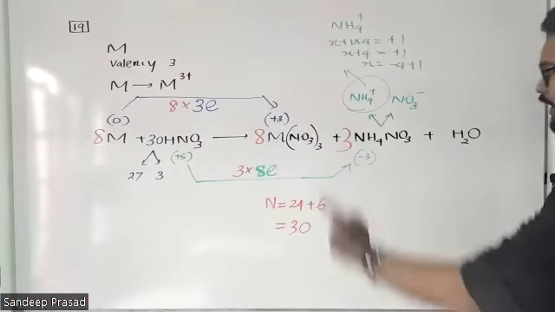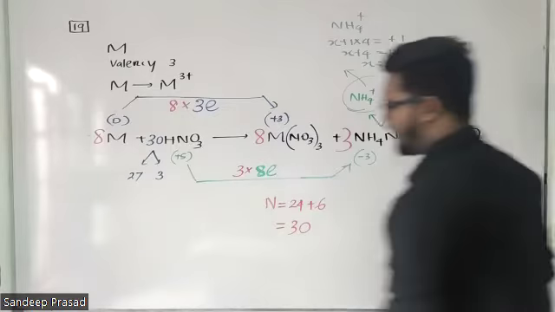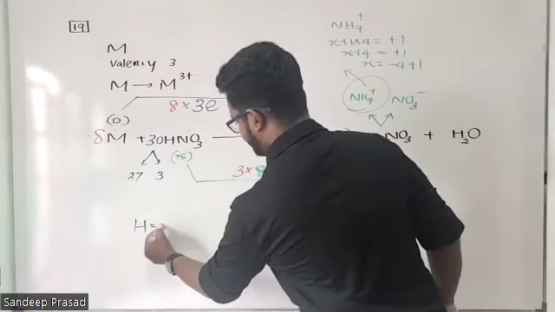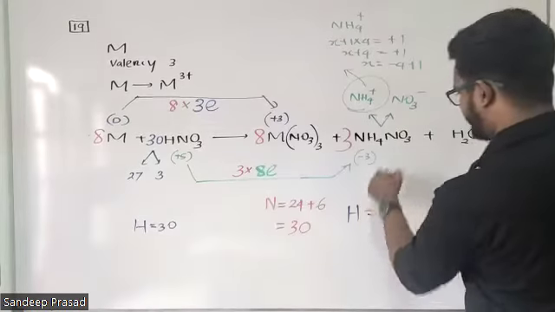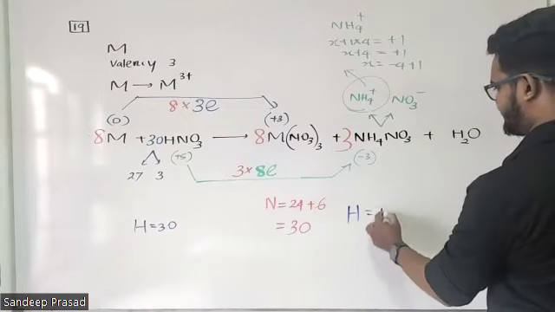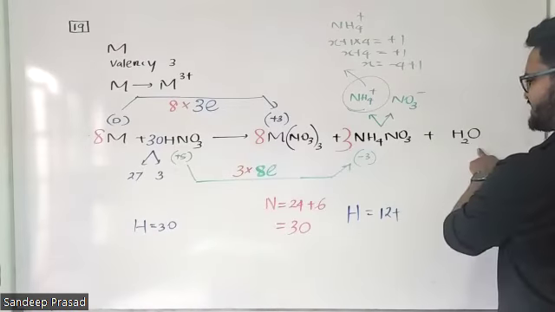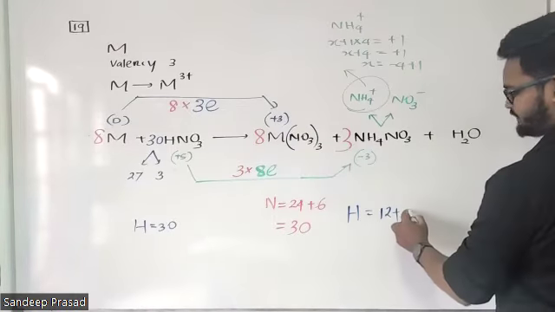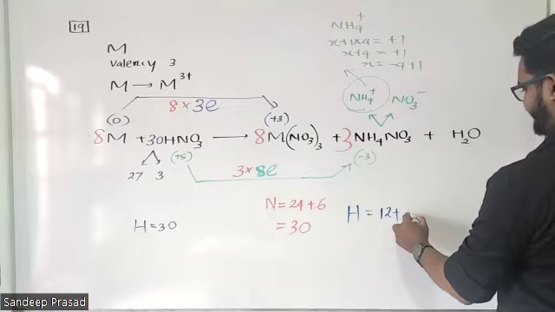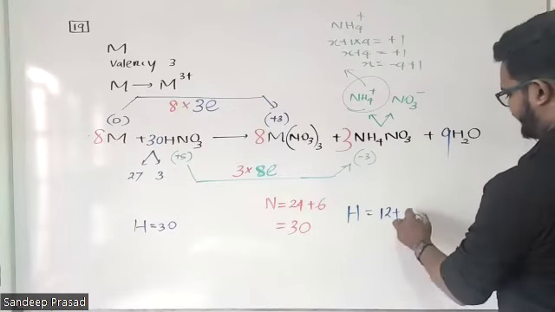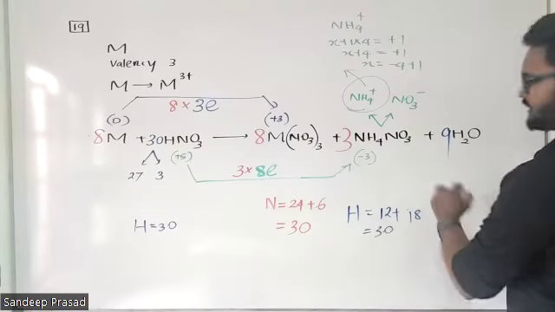Now, how many hydrogens are there? Hydrogens are 30. Here we can see that already 3 into 4, 12 hydrogens are there. And here, H2O molecules, how much do we need? We have to put 9. Then 9 into 2, 18, 30.